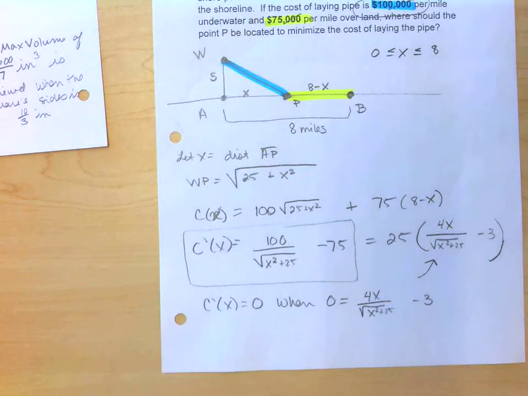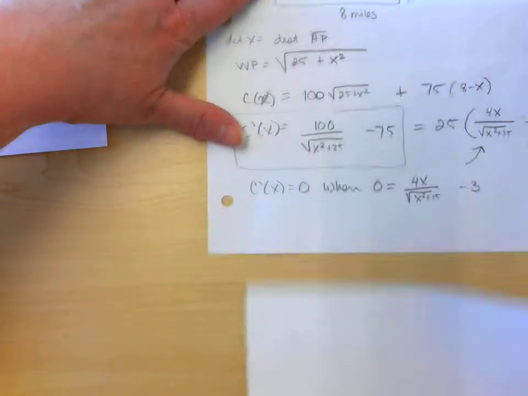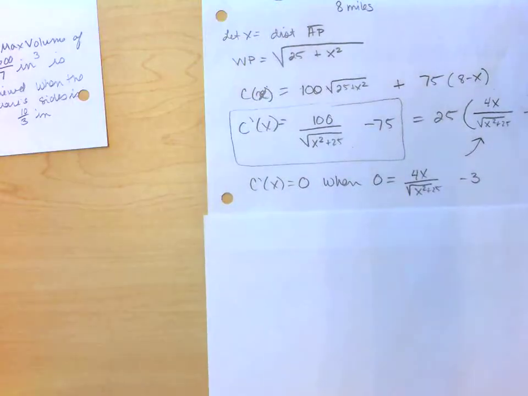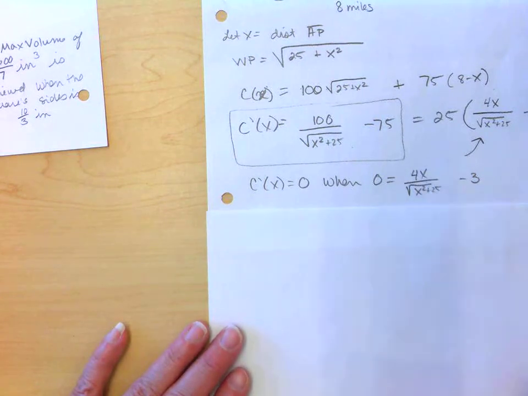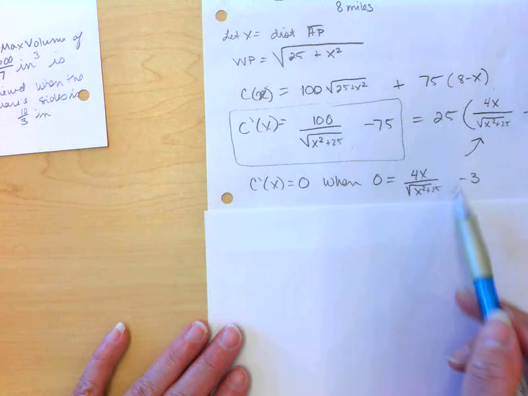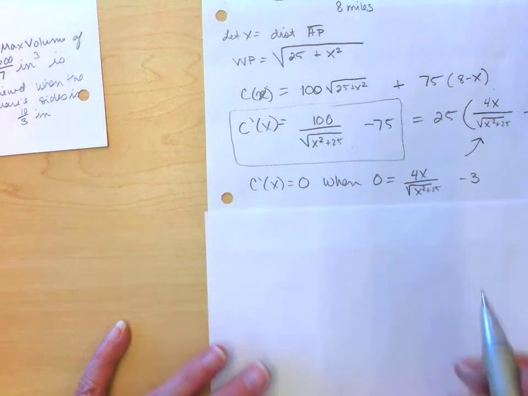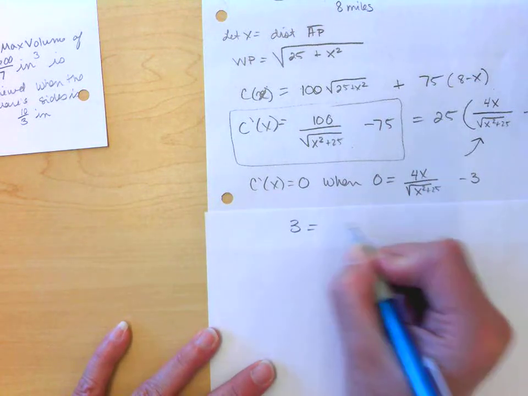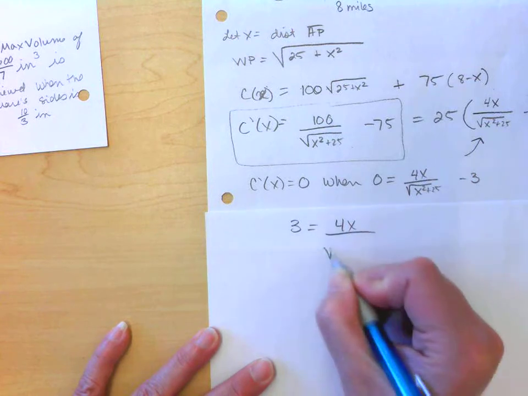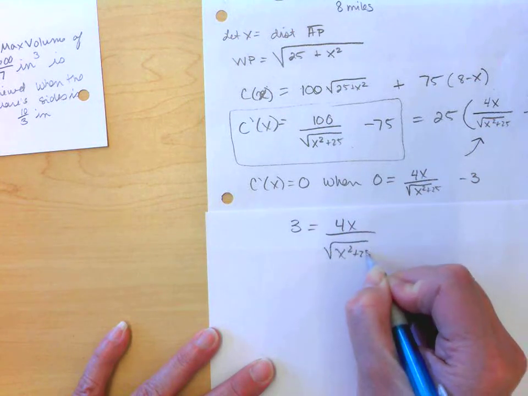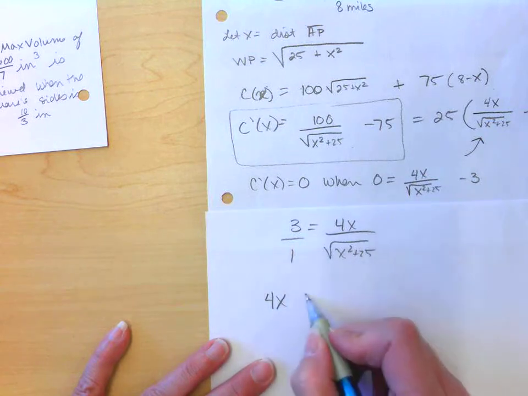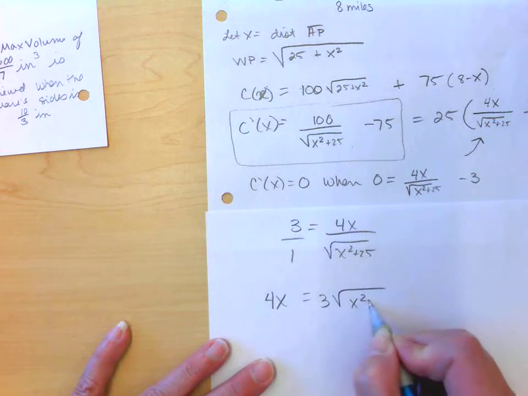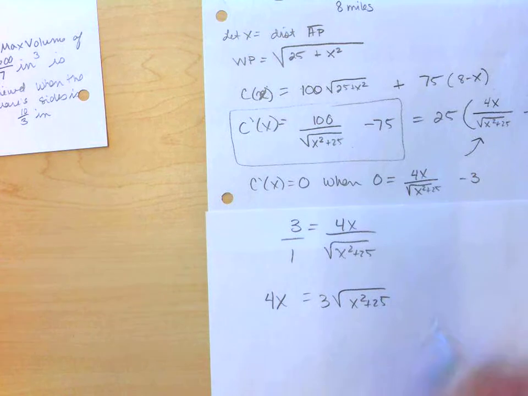And here's where we'll have to apply some algebra. I'm going to solve this radical equation by isolating it, writing a proportion, so that this 4x over the square root is on one side and the 3 is on the other side. And then I can use cross multiplication. 1 times 4x equals 3 times the square root of x squared plus 25.